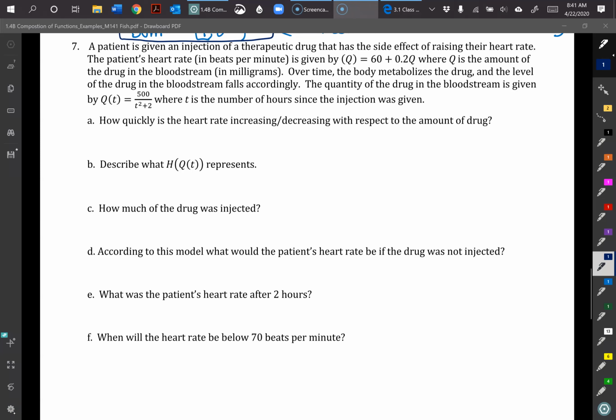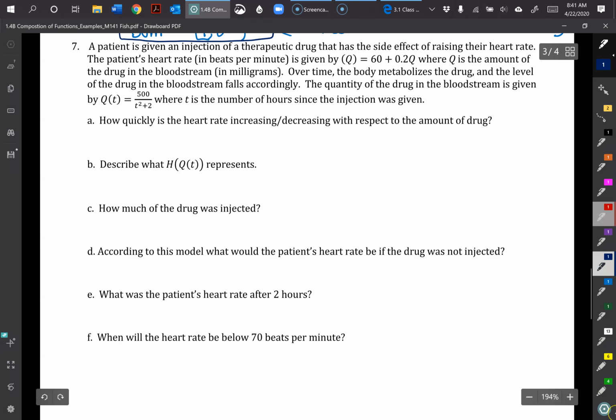Over time, the body metabolizes the drug and the level of the drug in the bloodstream falls accordingly. The quantity of the drug in the bloodstream is given by Q of T equals 500 divided by quantity T squared plus 2, where T is the number of hours since the injection was given.